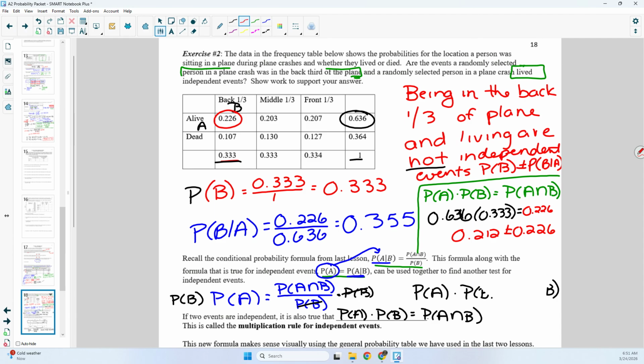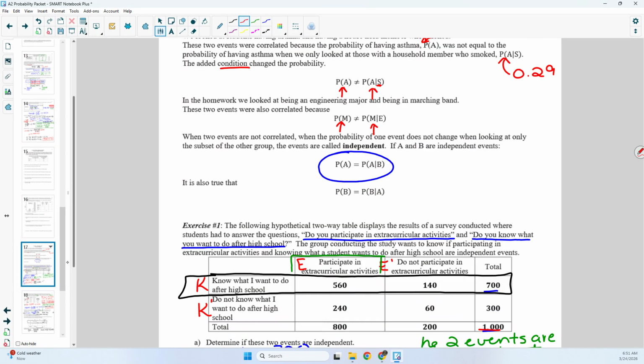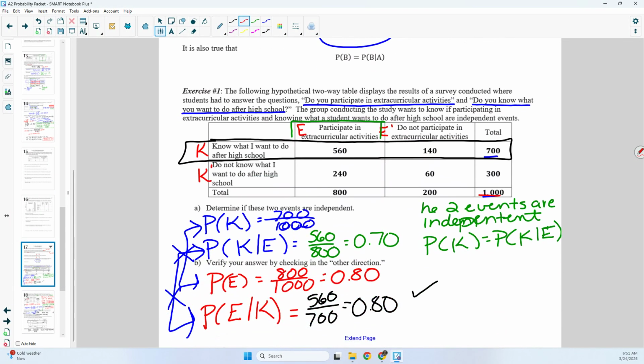I'm going to just talk about something on the last page that is super important when we do this. And I think I should do this one. I said I wasn't going to, but I am going to do that in the video. So if I try that multiplication rule for independent events here, I would be doing P of K times P of E equals P of K and E, or intersect E. Be careful, P of K is not 700.